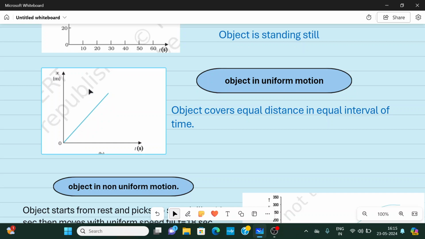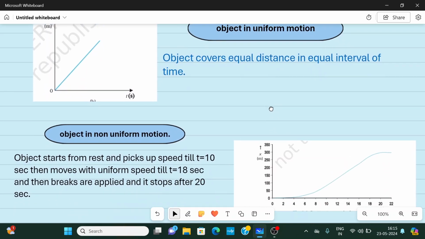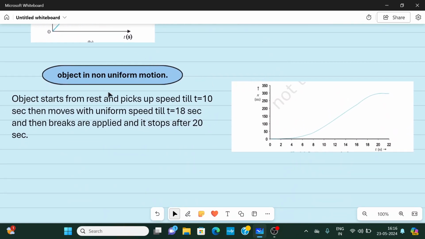Now the third graph is for object in non-uniform motion. It means object is not moving with the same speed, but it has different speed for different interval of time. Object starts from rest first and then picks up speed till t is equal to 10 seconds and then moves with uniform speed till t is equal to 18 seconds.